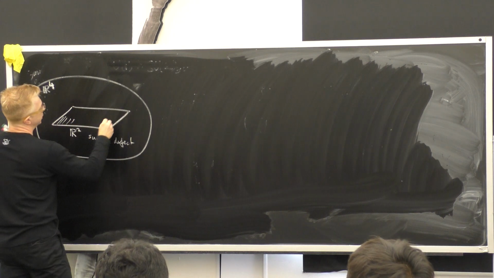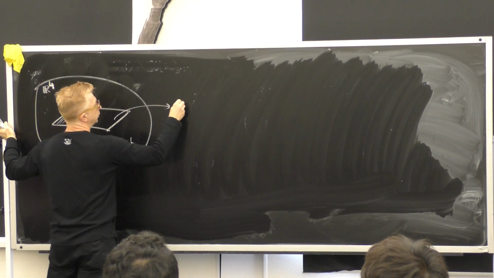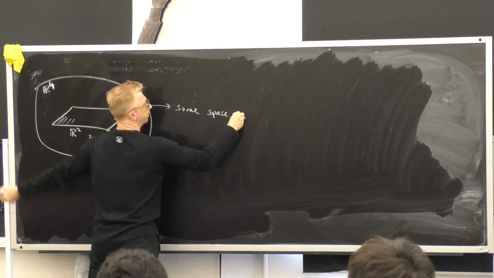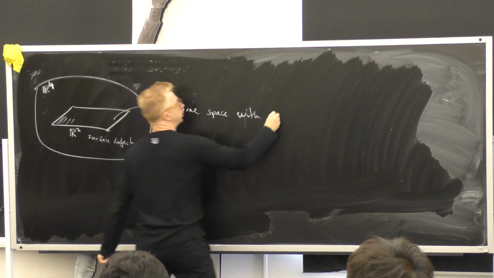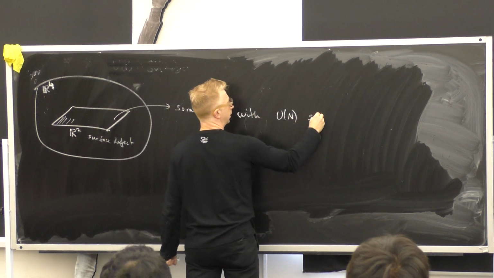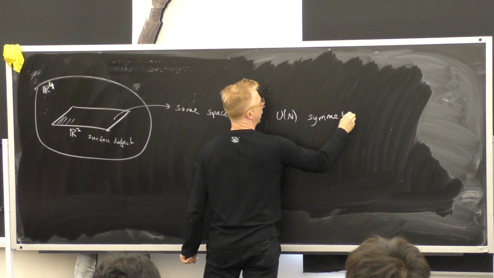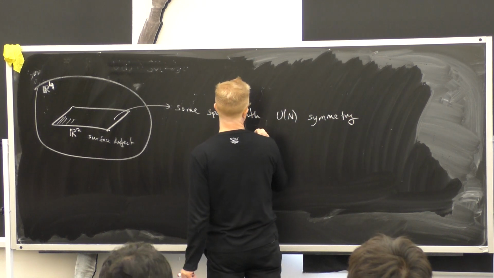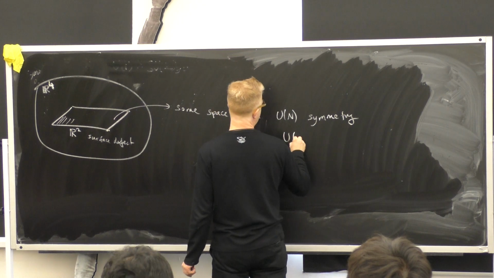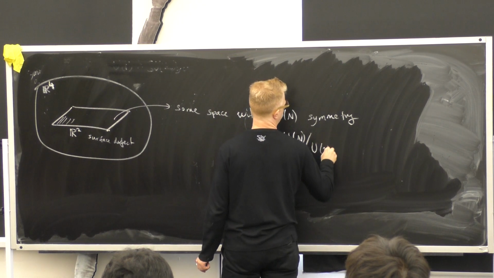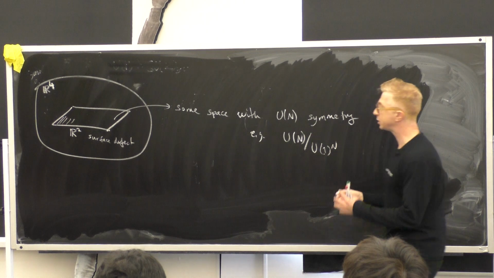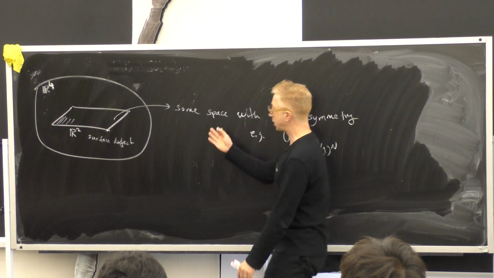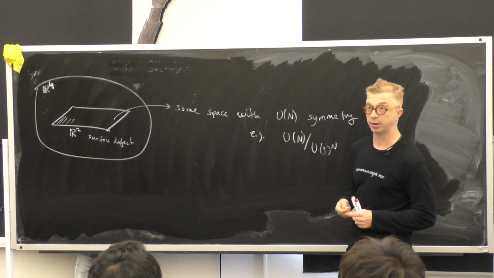So this R2 is actually being mapped to some space with U(N) symmetry. It could be just the flag variety, or its cotangent bundle, or something like that. And such maps have their own topological charges.